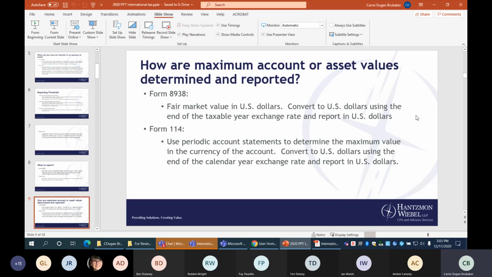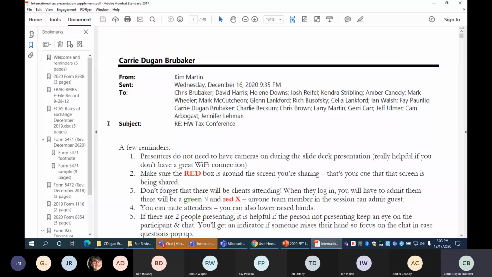Okay, so how do we calculate the fair market value? The fair market value is in US dollars, converted using the exchange rate at the end of the year. I'm going to share a different screen with you.